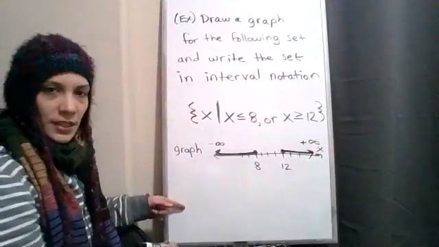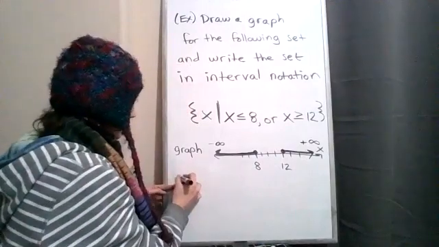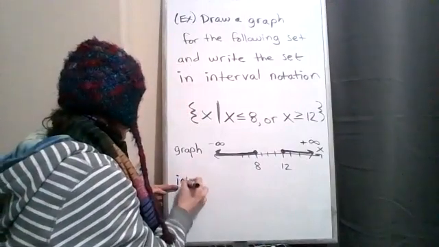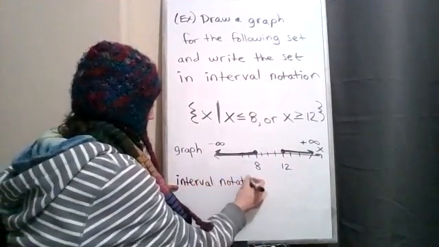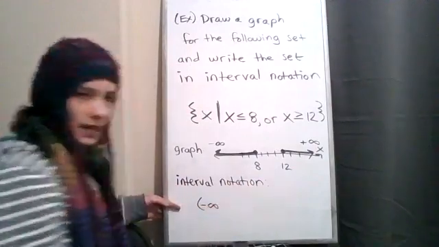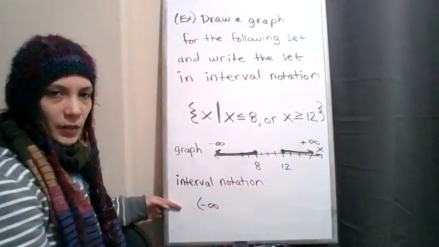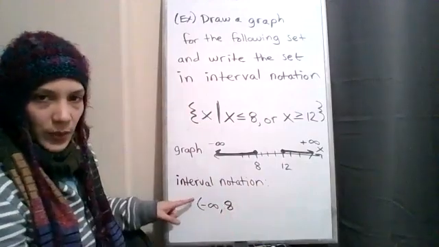So you start with the smallest value, negative infinity. First, interval notation would be to start at negative infinity, go to 8, include 8 with a square bracket.